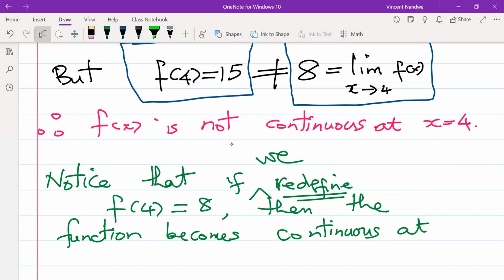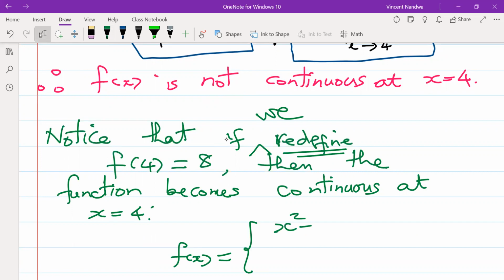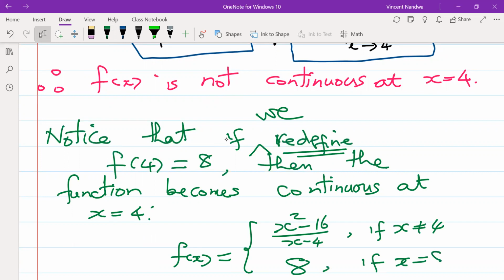So notice that if we redefine the value of the function f at 4 to be 8, then the function becomes continuous at x equals 4. This is what I mean. If you rewrite f of x as x squared minus 16 over x minus 4, if x is not equal to 4, and you put 8 here, then all the tests of continuity will actually hold.